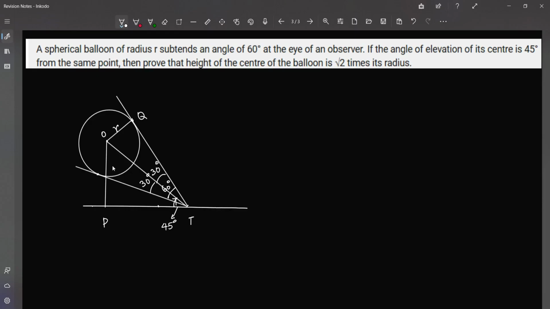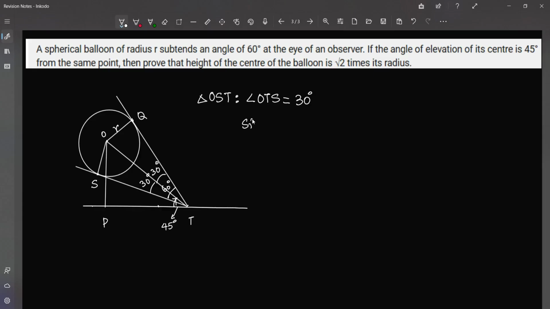Now, OQ is the radius. There is another radius here, something like OS. Now, in triangle OST, the angle OTS is equal to 30 degrees, correct?